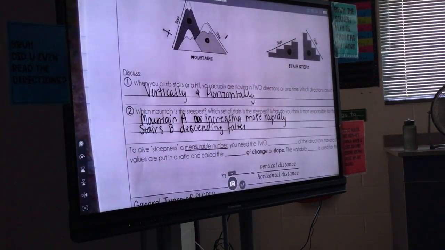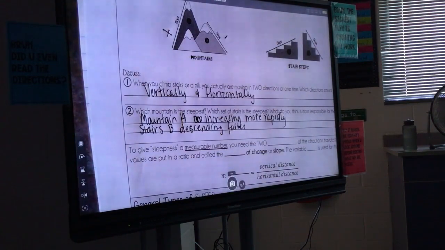So the ones that are going down, are they positive slopes or negative slopes? Negative. So it doesn't necessarily matter. You just have to understand that if it's descending, it's negative. If it's increasing, it's positive. And that'll come into play when we do our equations.